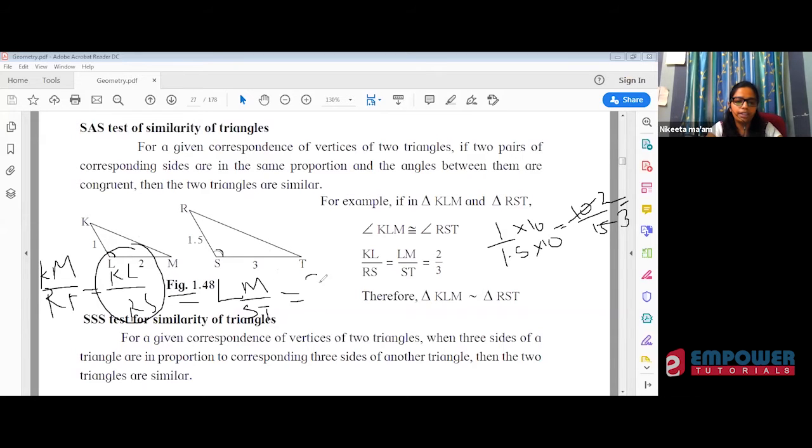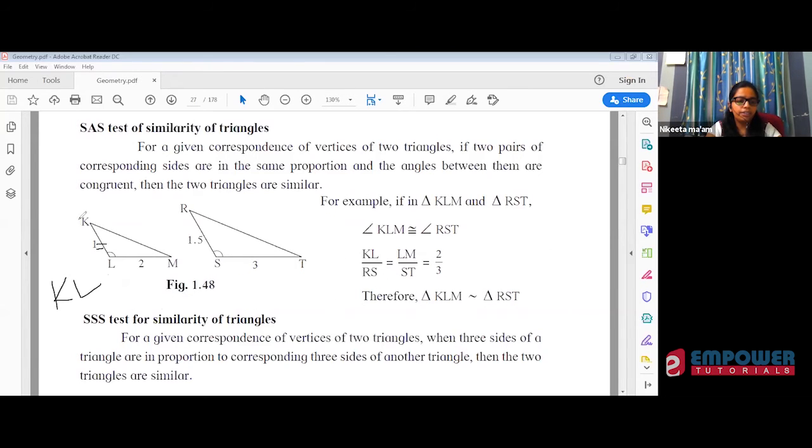So it is already given that it is 2 by 3. So now I got the ratio of two sides are equal, plus I got the angles are congruent. That means according to SAS test, I can say that triangle KLM is similar to triangle RST.